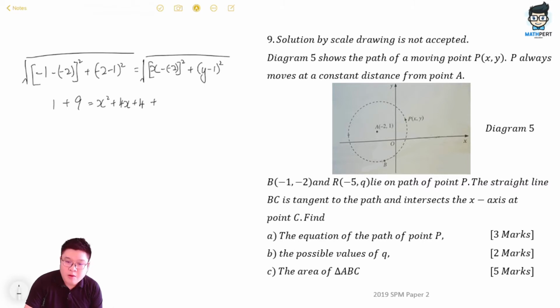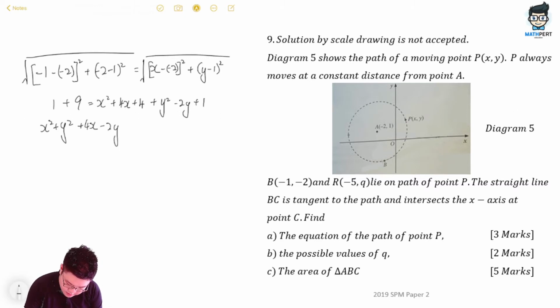And plus (y minus 1) squared, I will get y squared minus 2y plus 1. Then we rearrange everything into one side. So x squared plus y squared plus 4x minus 2y. And then 4 plus 1, I get 5. 5 minus 10, I get -5. So this will be the equation of the path of point P.